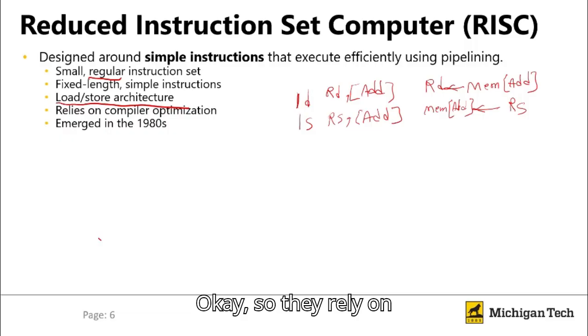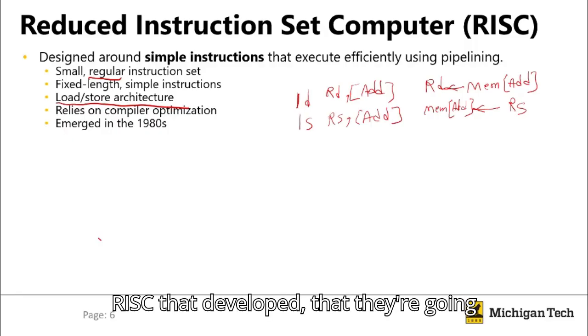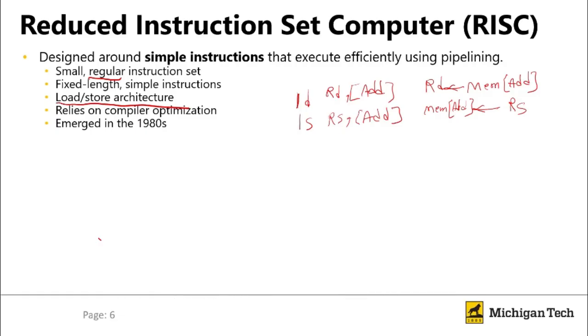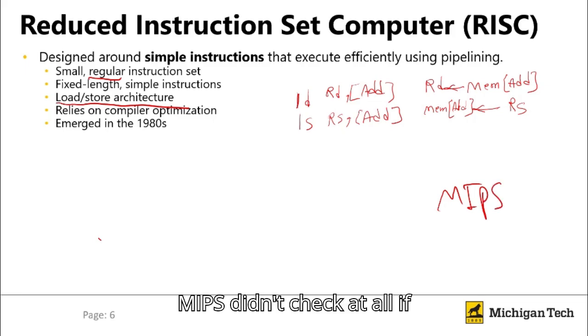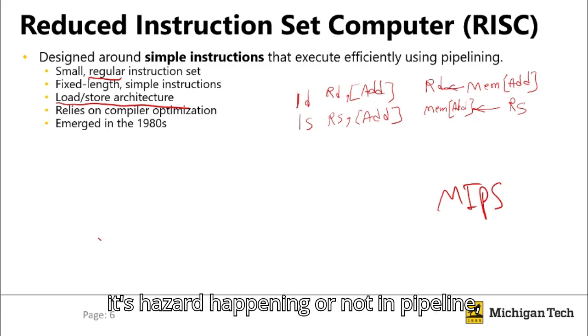Okay, so they rely on the compiler, because even the first RISC computer that was developed, which we're going to see, called MIPS, didn't check at all whether a hazard was happening in the pipeline.